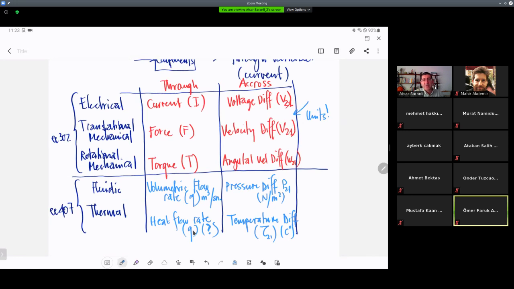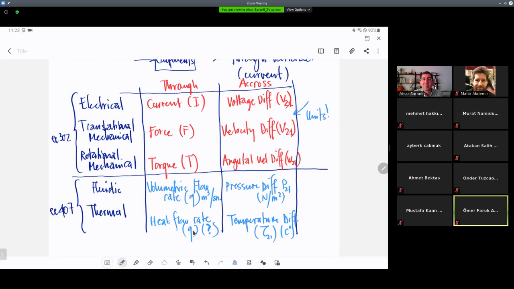Okay, for example, every thermal component has to be defined in terms of a relationship between the heat flow rate and the temperature difference. Each fluidic component, like a valve, has to be defined in terms of a relationship between volumetric flow rate and the pressure difference.